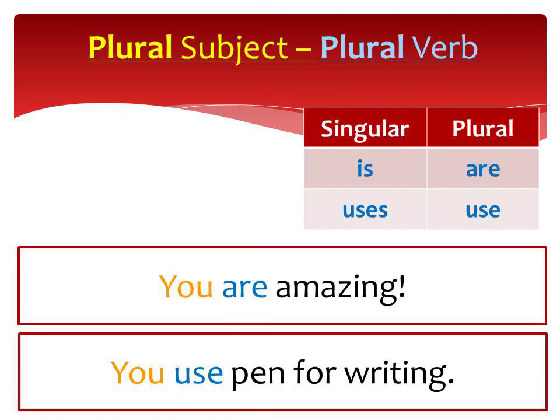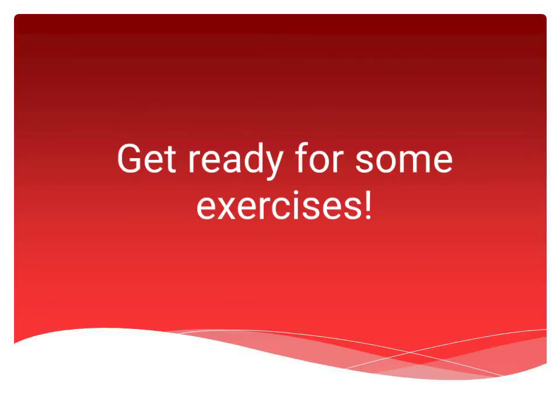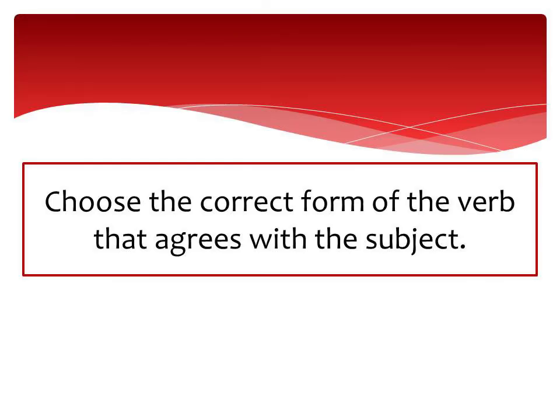So, is subject-verb agreement clear to you now? Get ready for some exercises. In this exercise, you are going to choose the correct form of the verb that agrees with the subject.